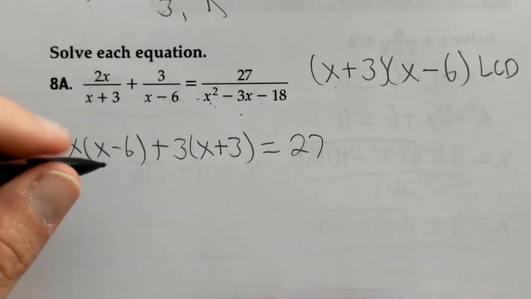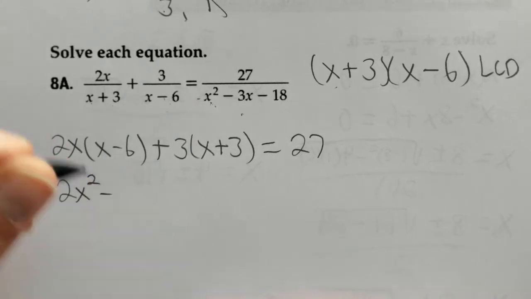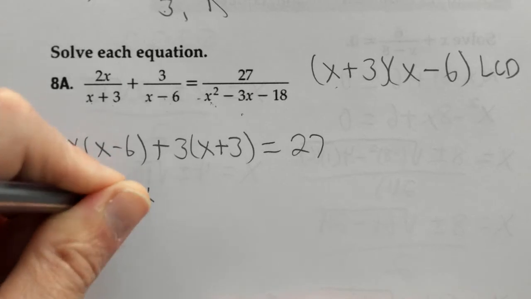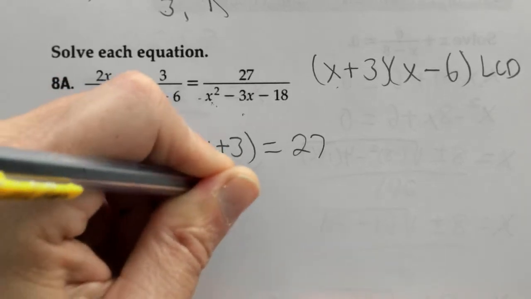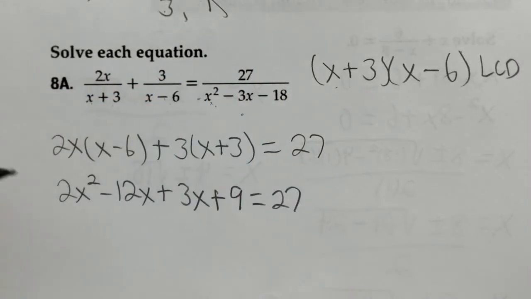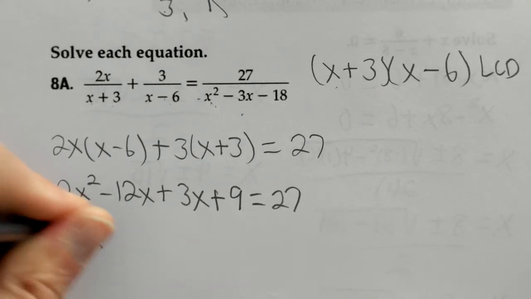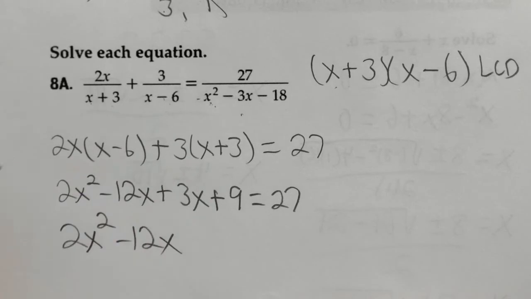So now I'm going to go ahead and use the distributive property here. So that's going to be 2x squared minus 12x plus 3x plus 9 equals 27. I can move the 27 over to the other side and subtract it from that positive 9, and that would give me 2x squared minus 12x, and then, oh, wait a minute, what did I do?